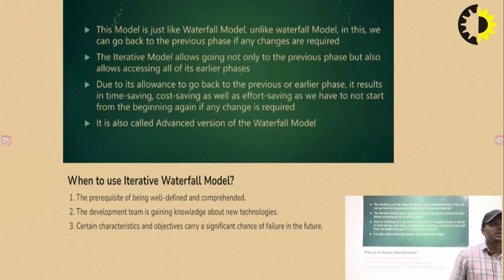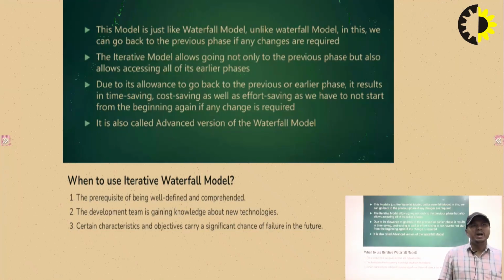Due to this, it results in time saving, cost saving as well as effort saving, as we do not have to start from the beginning again if any change is required. We have to start the work from that stage, not the initial stage. It is also called the advanced version of the waterfall model.